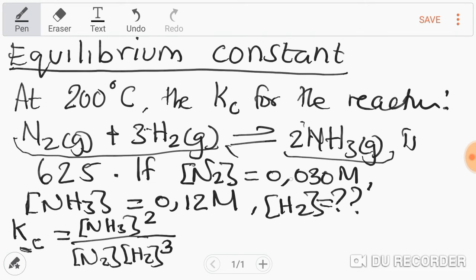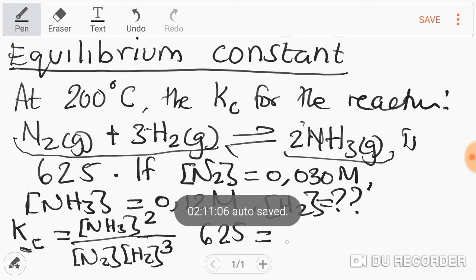So Kc is 625. So the concentration of N2 is, no, we're looking for NH3.